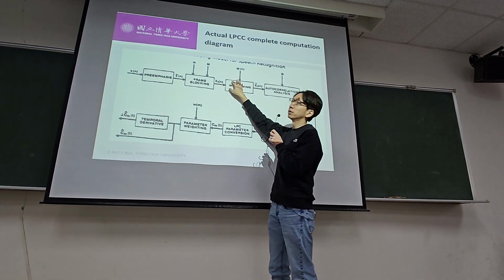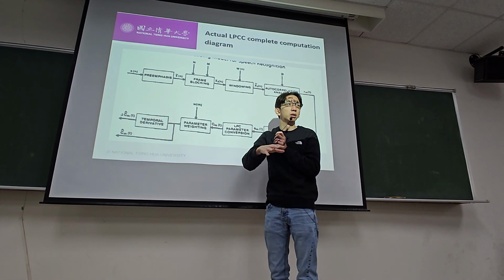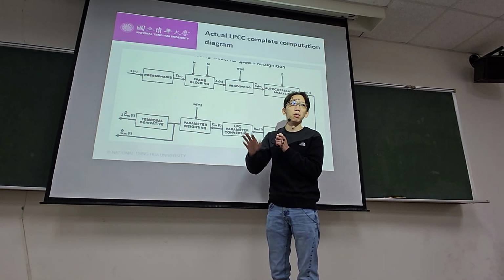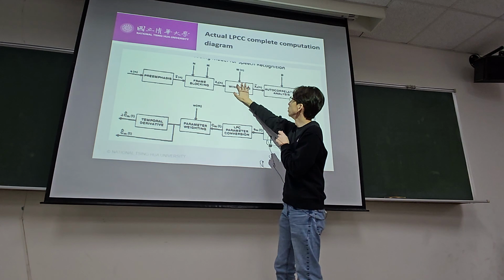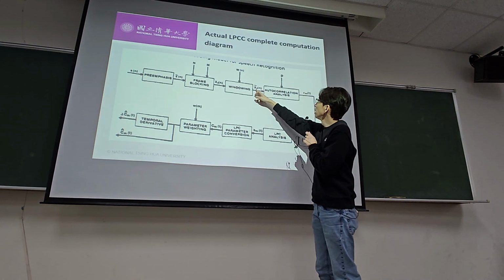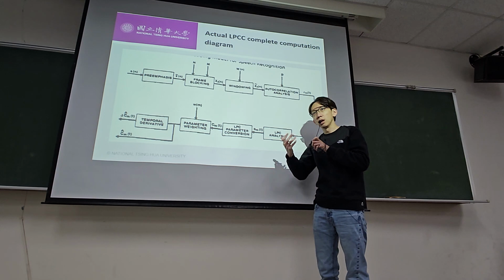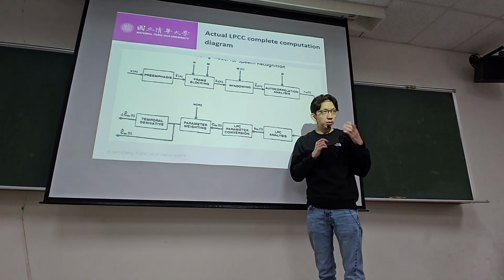With a short time signal, we now apply a windowing function on it. We can apply a Hamming window, rectangular window, whatever we want. Next, we want to derive the LPC coefficients. LPC coefficients can be computed multiple ways.